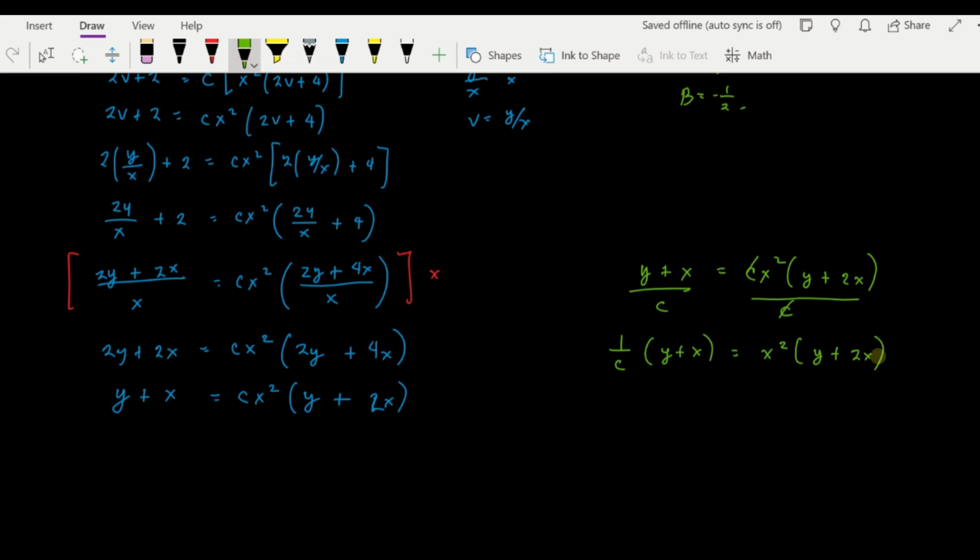Okay? Then, baliktarin lang natin. So, magiging x squared times y plus 2x is equal to 1 over c times y plus x. Pero di ba alam naman natin na yung 1 over c ay constant pa rin siya. So, instead na 1 over c, gagawin din lang natin c. x squared times y plus 2x equals c times y plus x.